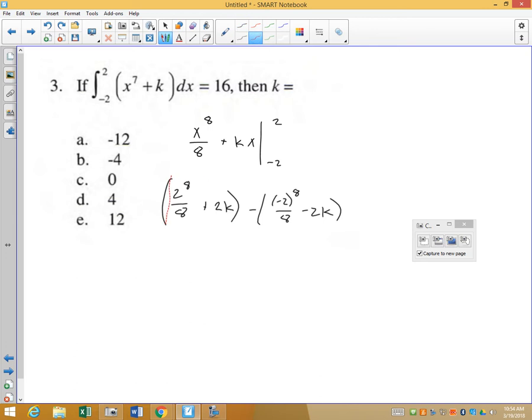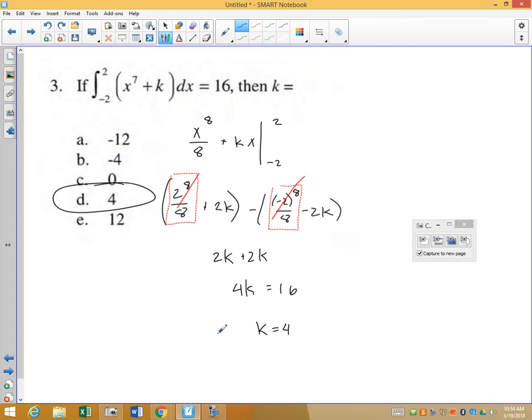These, which are kind of scary and intimidating, 2 to the 8th and negative 2 all to the 8th, are the same, and we're subtracting them. So those cancel, and we're left with 2k minus a negative 2k, and we get an answer of 4k for evaluating the integral. They tell you the answer is 16, and so k would have to be 4 to give you 16. Are we good? How does that make you feel?